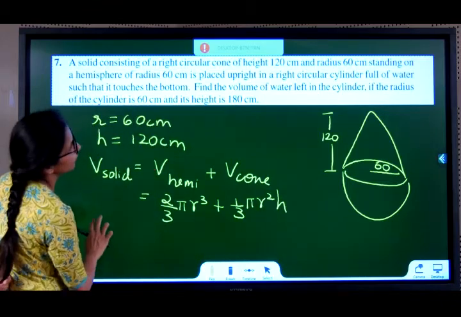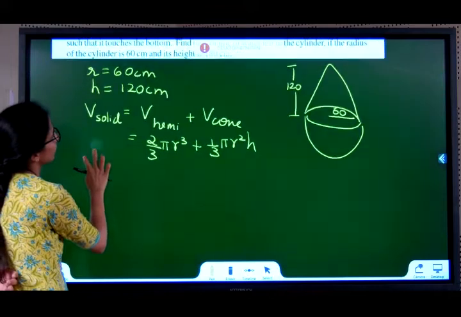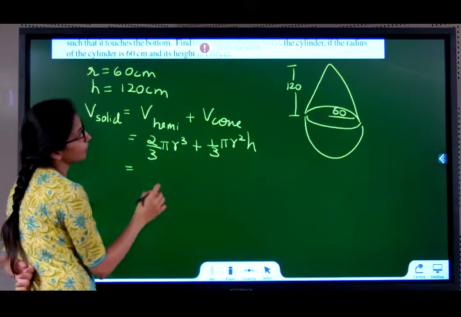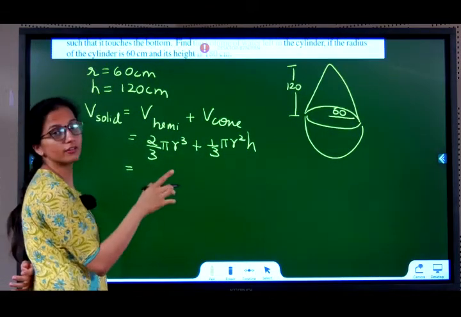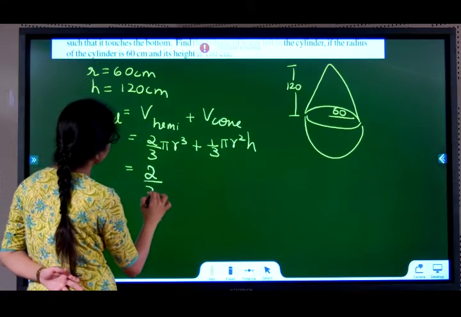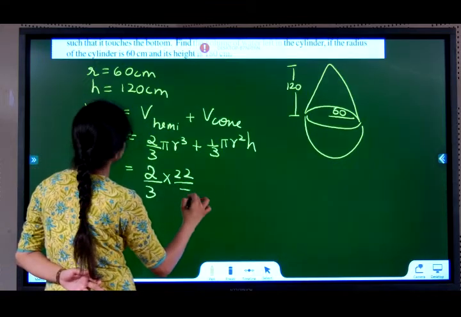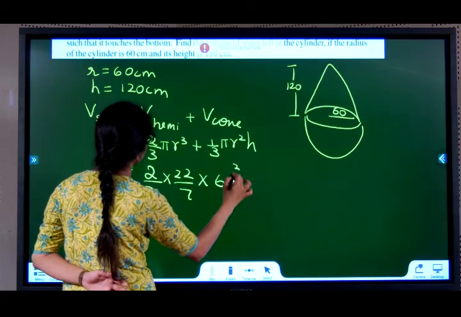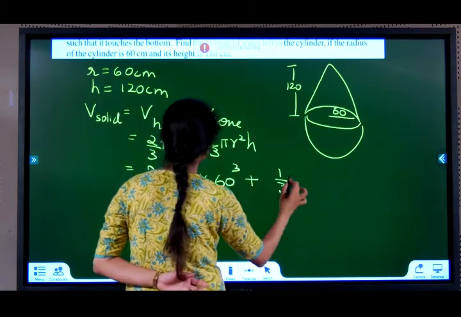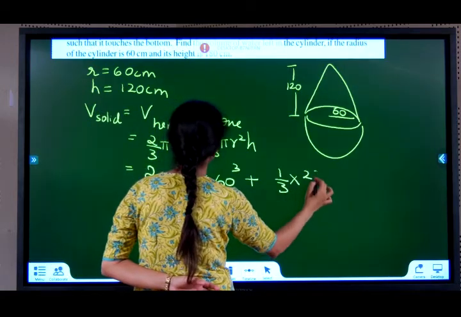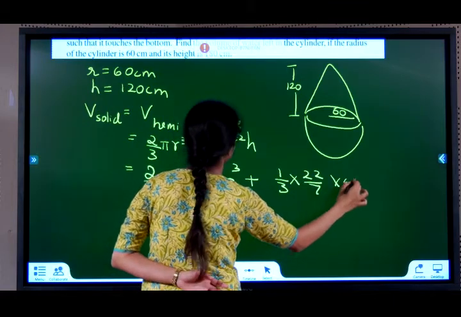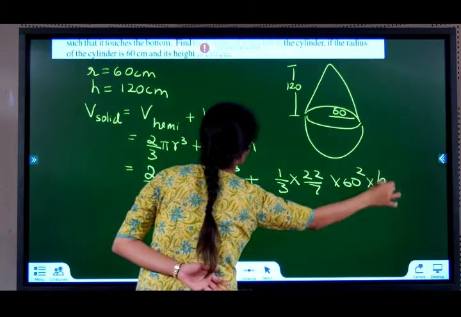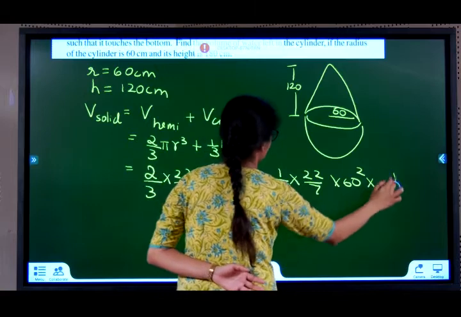Pi is not given in the question, so take it as 22 by 7. If it's given in the question, then only you take it as 3.14. So 2 by 3 into 22 by 7 into 60 cube plus 1 by 3 into 22 by 7 into 60 square into h. What is the h? 120.